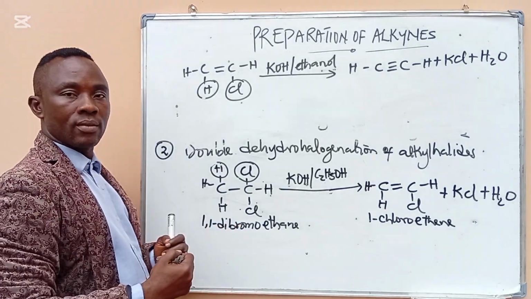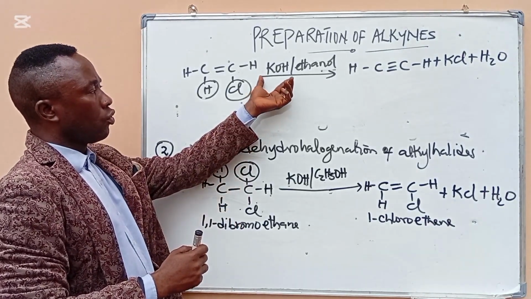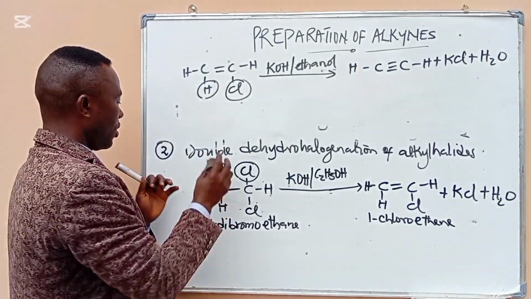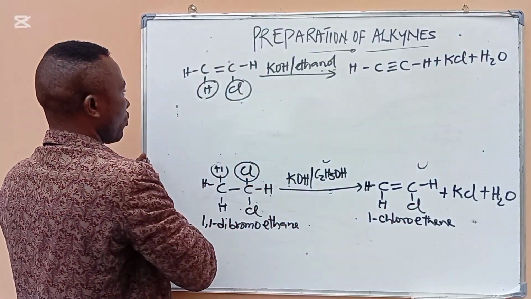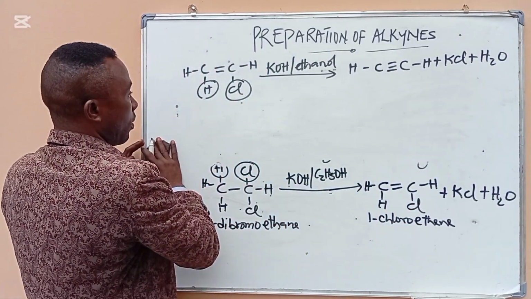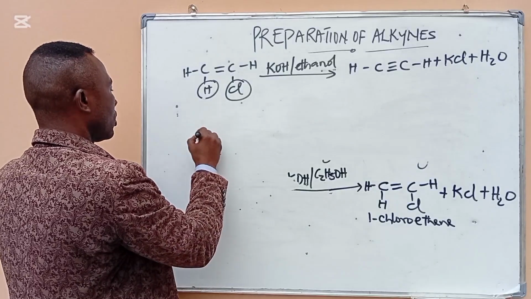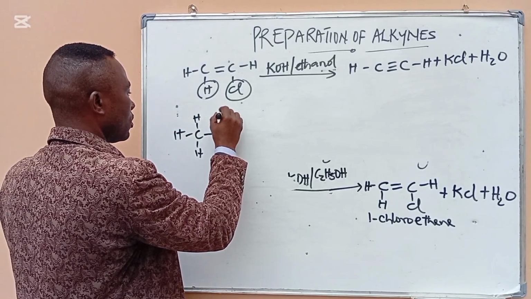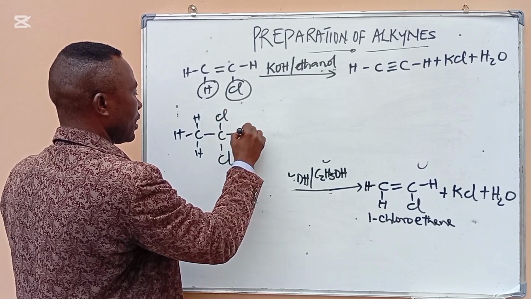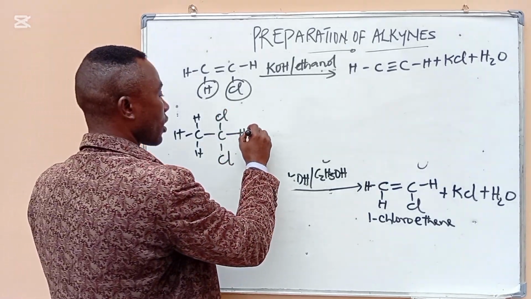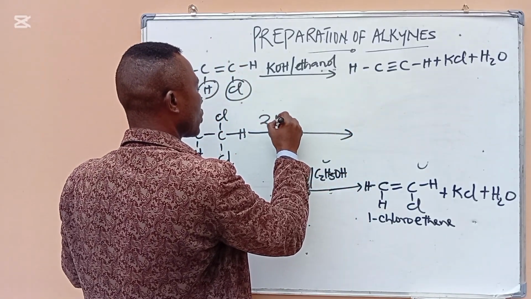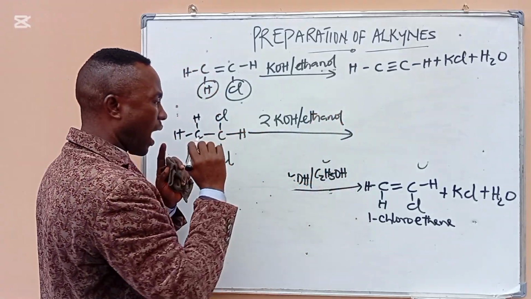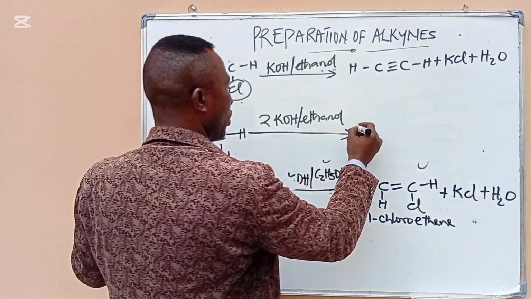Now we can go straight if we put 2 molecules of KOH at the same time. What I mean by this is, if we have the compound with Cl and Cl, then H, and we put 2 molecules of KOH in ethanol, what we will have straight away should be what?